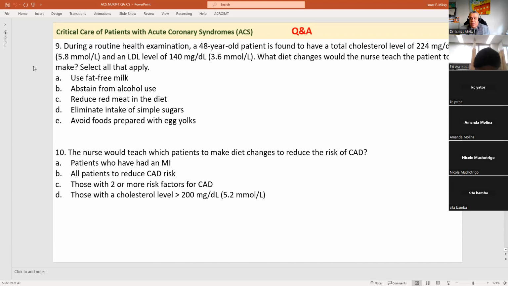And then we have D, cholesterol over 200. B, all patients to reduce CAD risk. Yes. So the therapeutic lifestyle changes include recommendations for all people, not just those with risk factors. So we can decrease the risk for cardiac events and coronary artery disease.